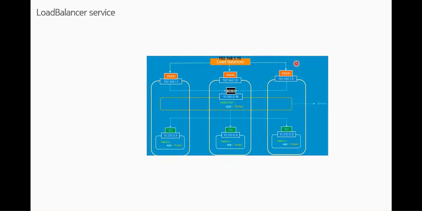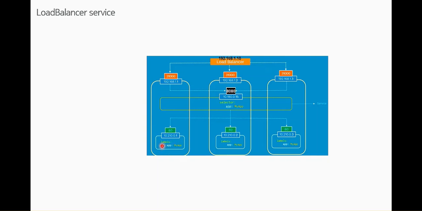If you consider this diagram as our cluster setup, you can see we have three worker nodes: worker node 1, worker node 2, worker node 3, and in every worker node you have a pod. Basically these pods are replicas in one deployment.